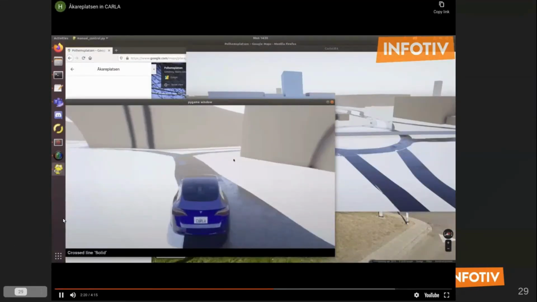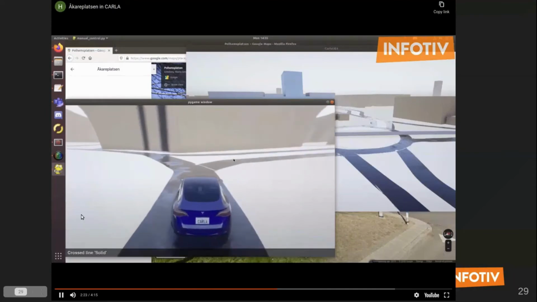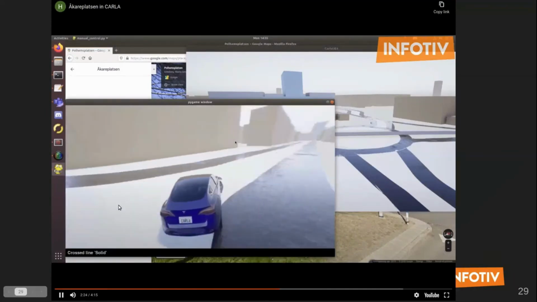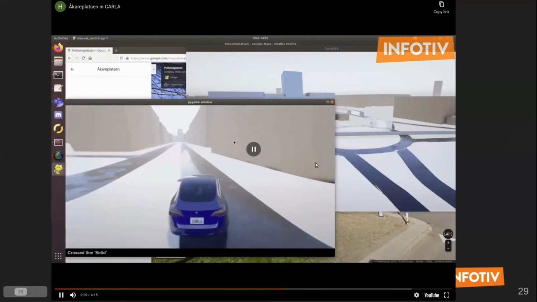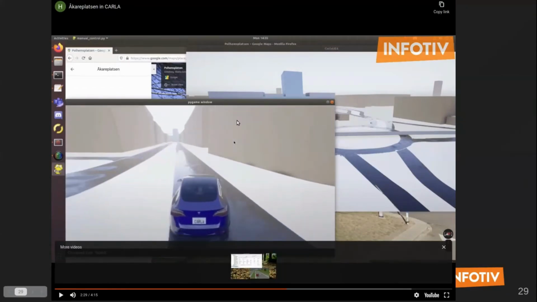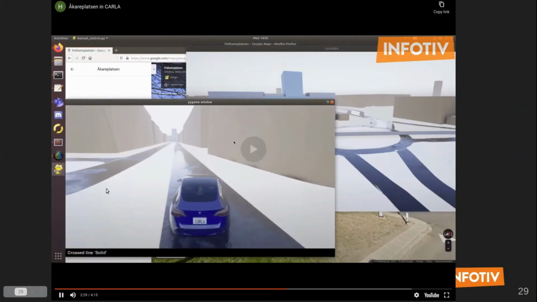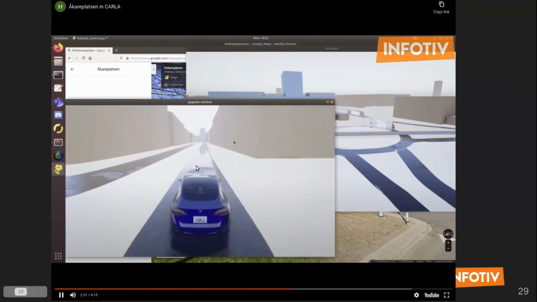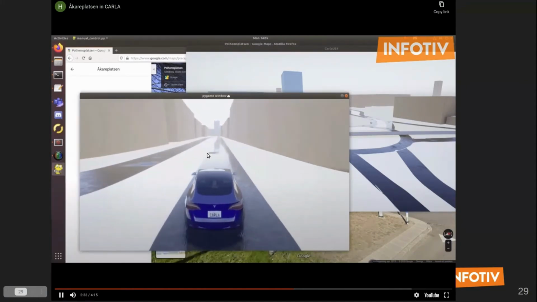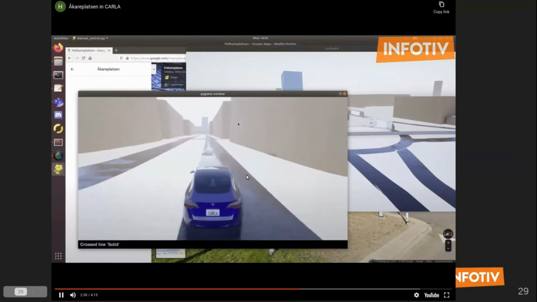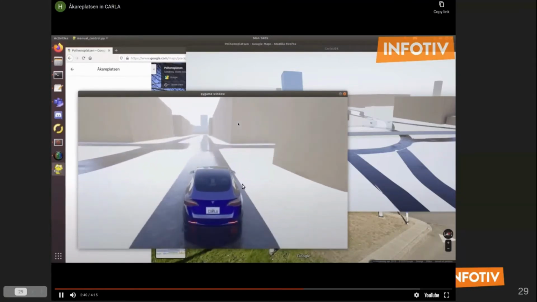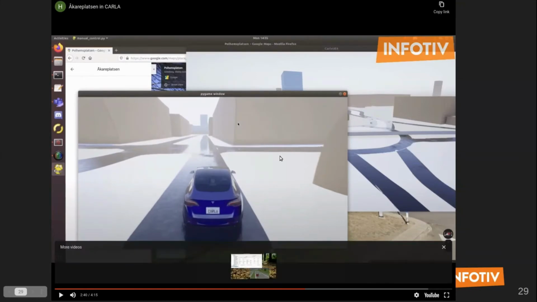I'm a bit careless, but forgive me for that. Notice the shadow of this building, the reflection of the sun, the reflection of lights on the road, and the puddles. The reflection of that building here. So we got this basically for free. We just imported the OpenStreetMap, and bam.